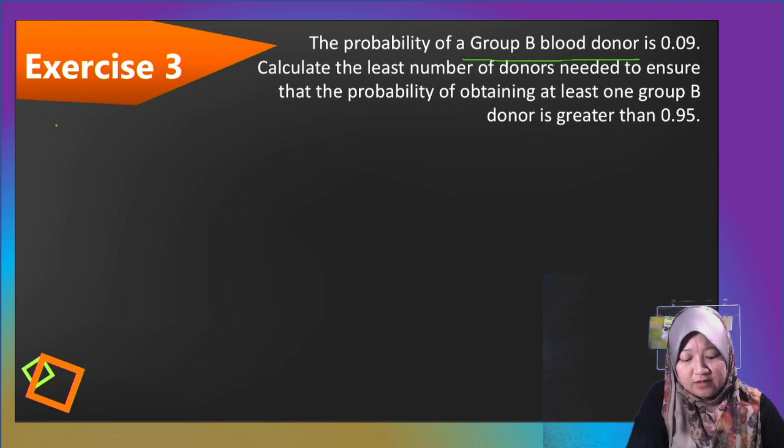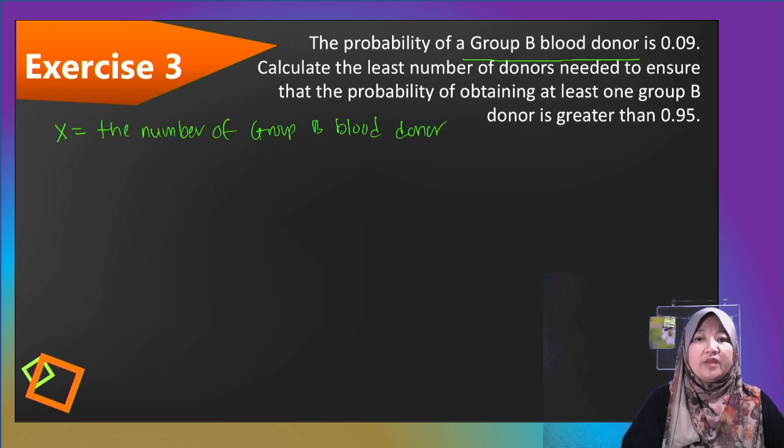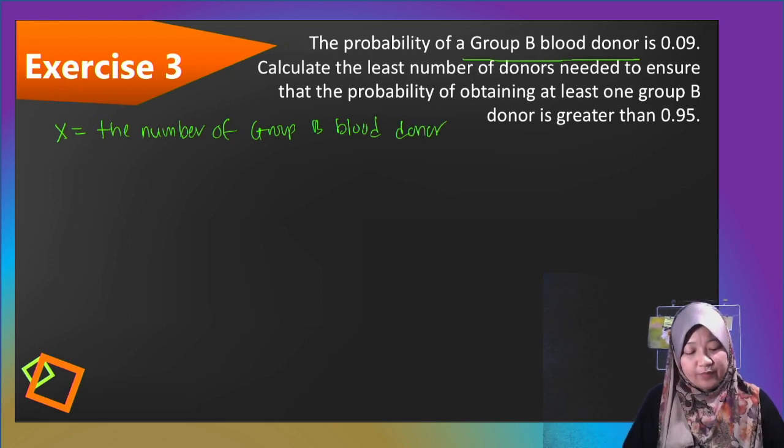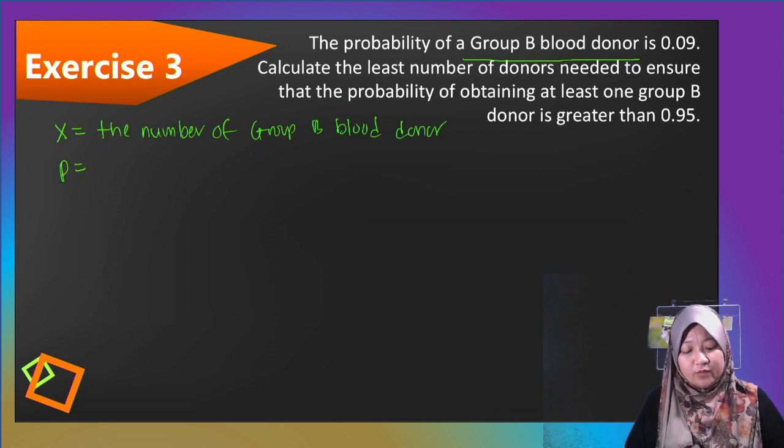So, X successful event awak adalah the number of group B blood donor. Okay, successful event awak. And then, given that P successful probability for this successful event is 0.09.